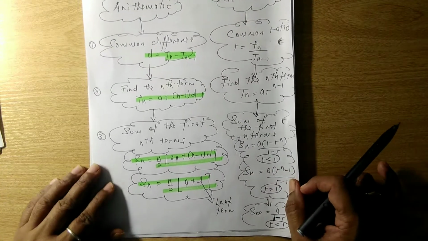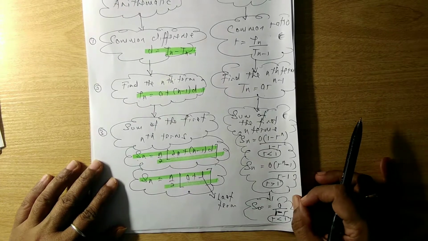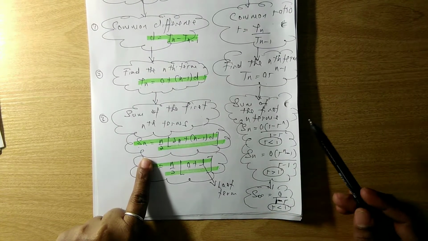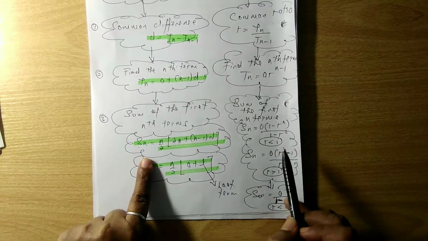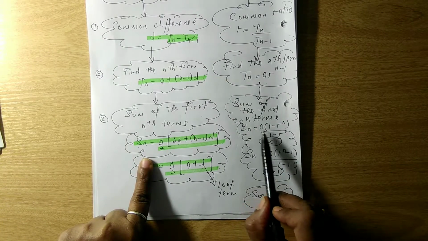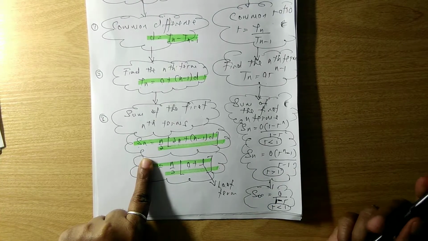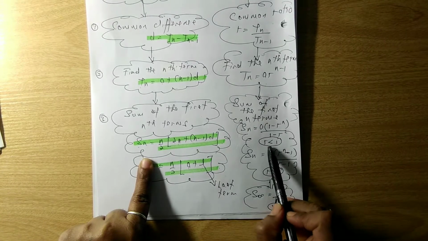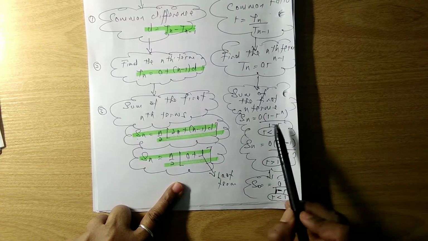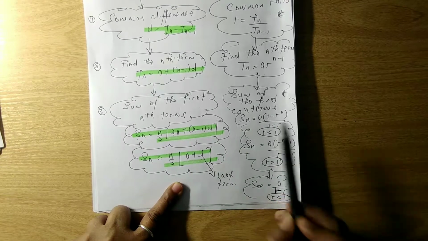Next is to find the sum of the first n terms. Here for geometric progression, if you compare to arithmetic, we have got two formulas for the sum. One is when R, your ratio, is less than 1, so your Sn becomes A(1 minus R^n) over 1 minus R. Whereas if R is greater than 1, the R and the 1 switch places.